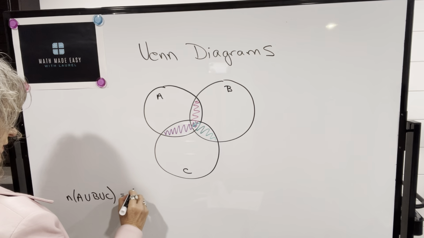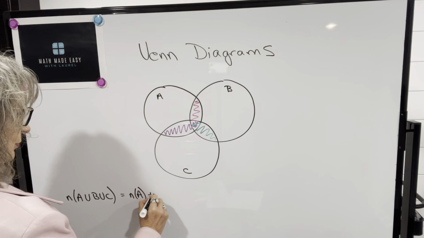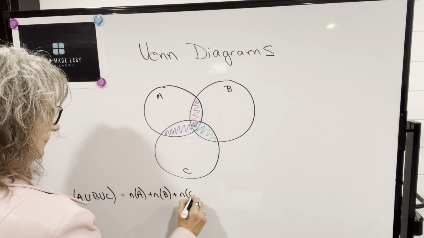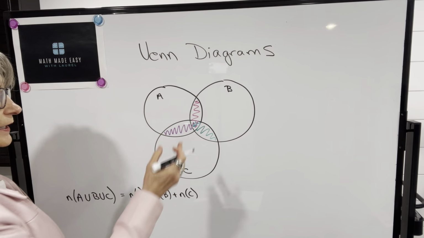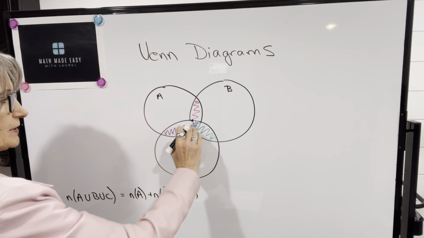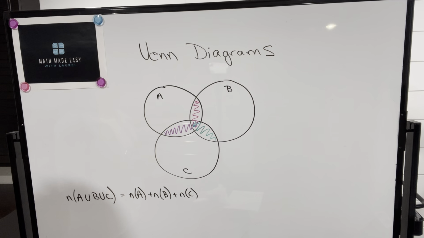So the number of elements in A plus the number in B plus the number in C. However, if I do that, I've counted this portion twice, and this portion twice. So what I need to do is subtract one of each of those portions.